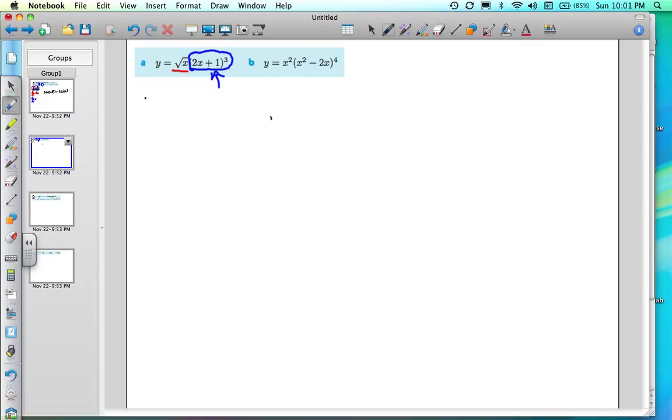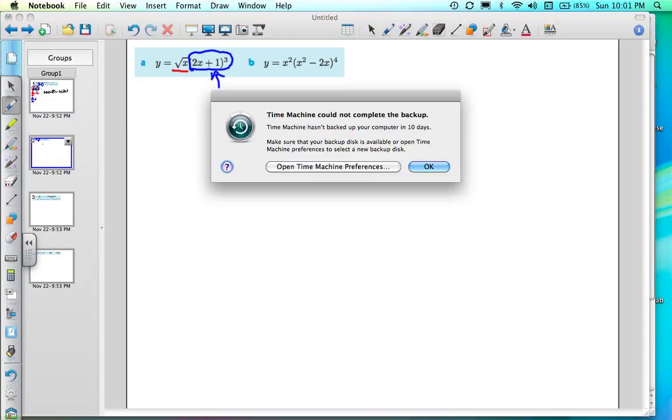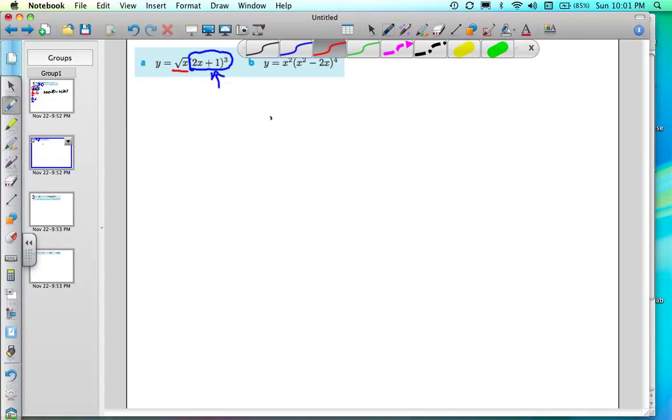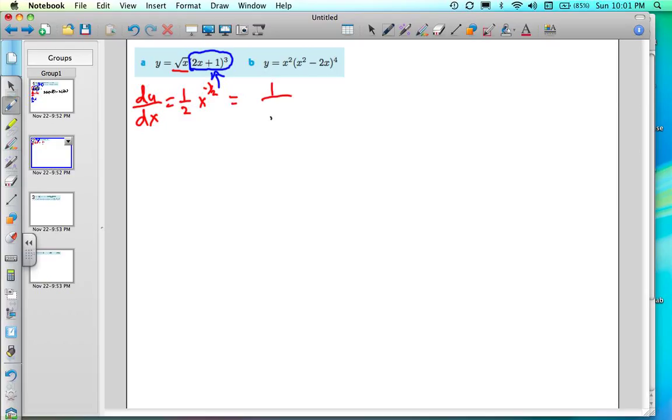Derivative of the first, so if I call this first function u, du dx, I'll make it red to keep with the scheme. So du dx is the derivative of the first one, which is, if that's x to the 1/2, 1/2 times x to the negative 1/2, which is just 1 over 2 square root of x. Okay?